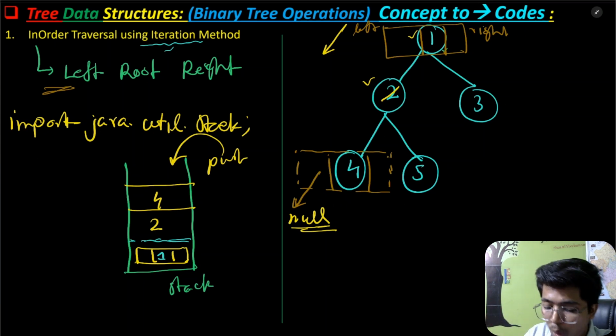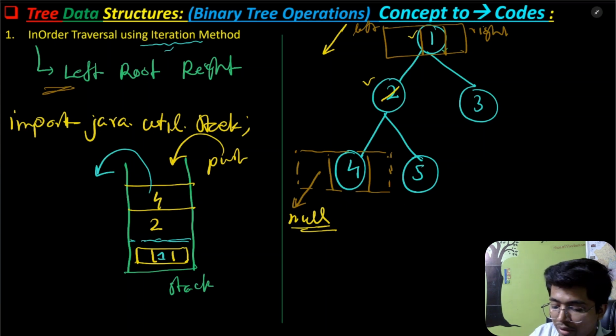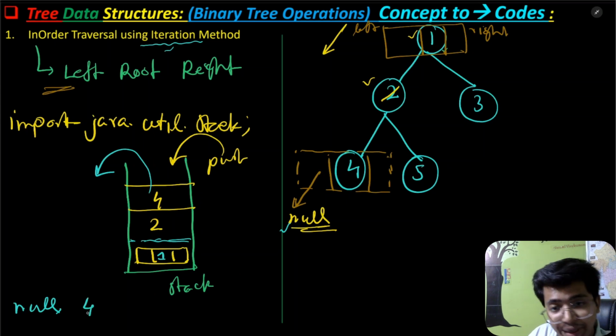Now what will we do? We will pop an element from the stack. First we encountered null, so we write just null. Then we pop the element 4, and once we pop 4, we print the element 4.